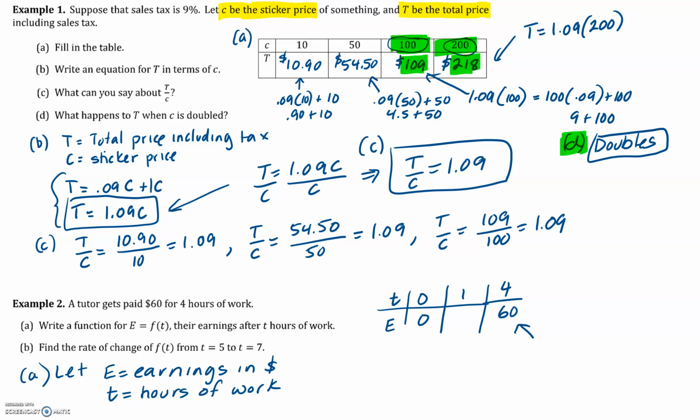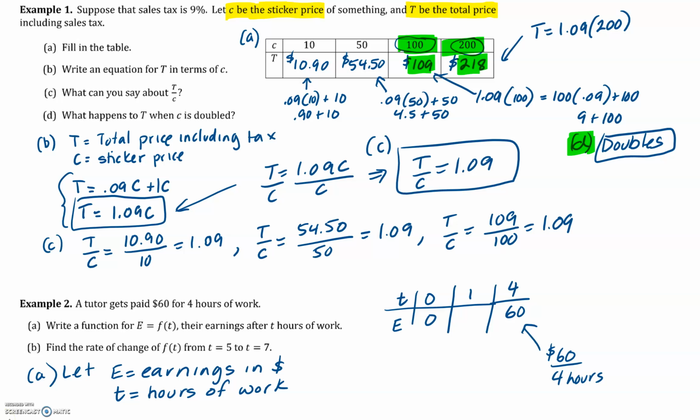If I take the same idea, 60 divided by 4, they're going to call this proportional. The proportion is 60 over 4. That's $15. So this is $60 over 4 hours. That would mean that we would make $15 per 1 hour, or $15 per hour.